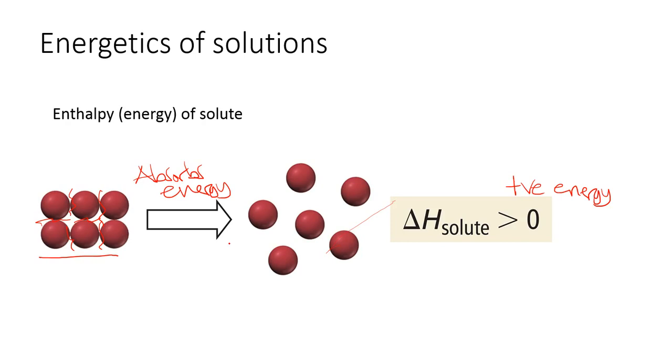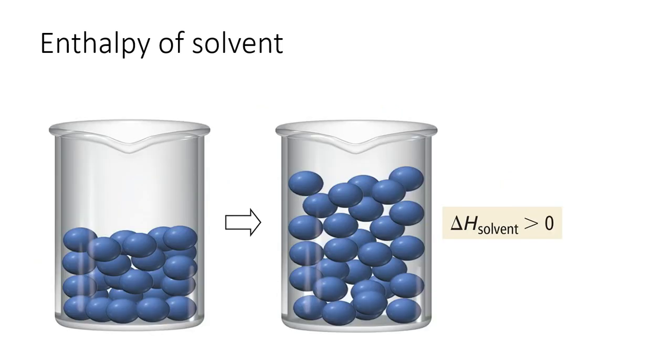We call it enthalpy of solute. Enthalpy of a solute is always positive. What about the solvent? You need to do the same thing with the solvent. You need to create space for the solute to be in. How do you do that? You add energy.